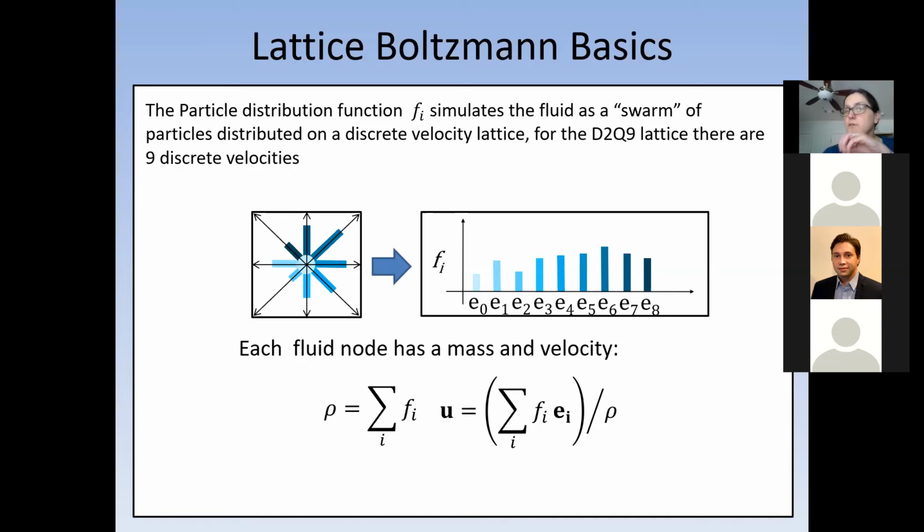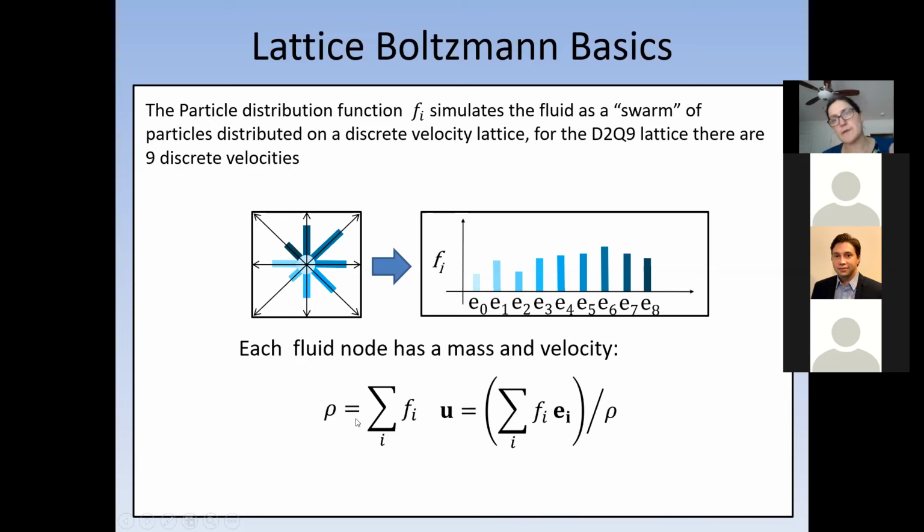So what we're going to calculate or discretize in this world is the Lattice Boltzmann equation, which describes how these fi, these distributions, these portions of fluid moving in different directions, change as they try to get to an equilibrium. Okay? At every point, I can evaluate what my density is.